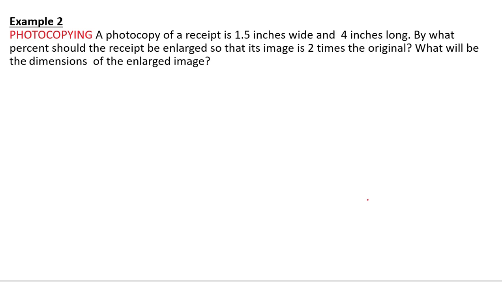Okay, photocopy. A photocopy of a receipt is 1.5 inches wide and 4 inches long. By what percent should the receipt be enlarged so that the image is 2 times the original?